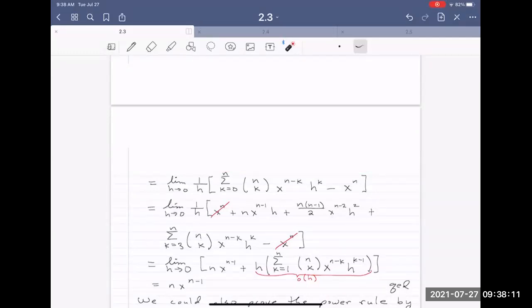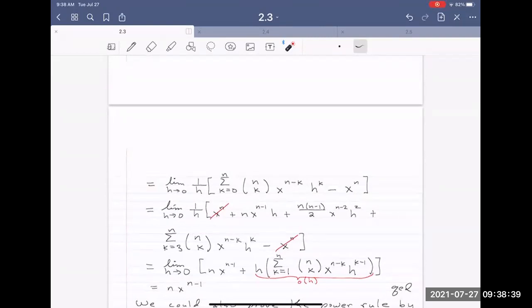And so this is equal to the limit as h approaches 0 of 1 over h times, let's write out a few of these terms. I'm just going to write out the first few terms. And so this will help you at least to visualize what's happening.